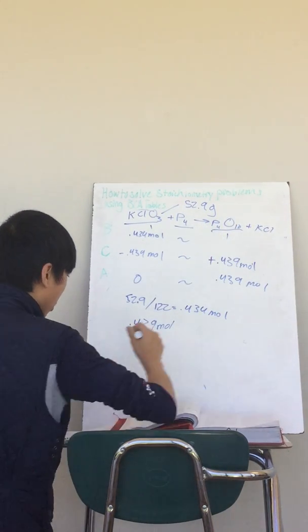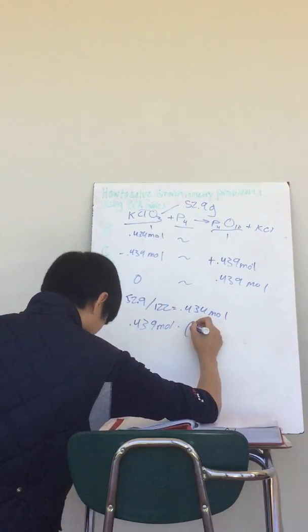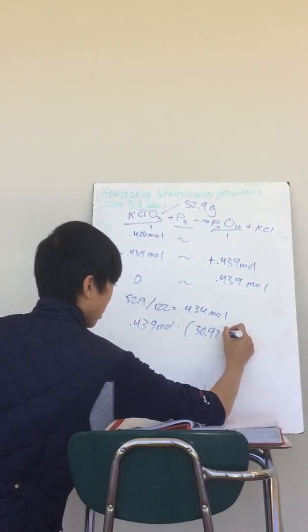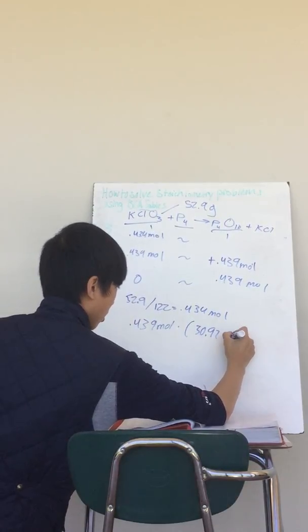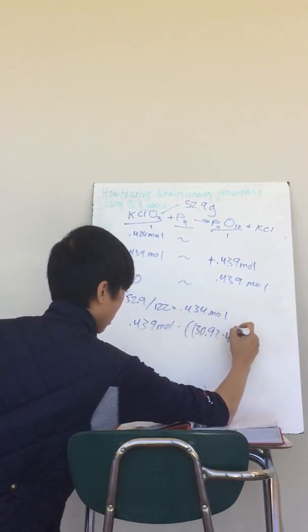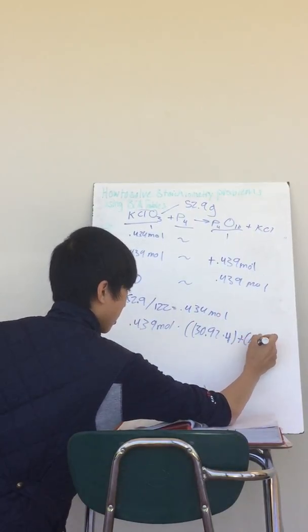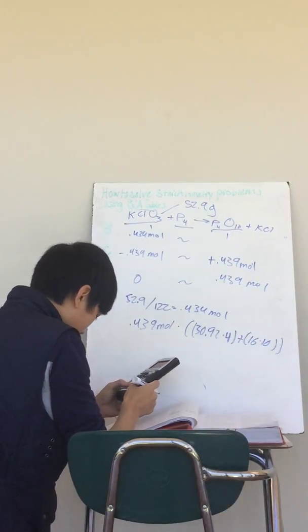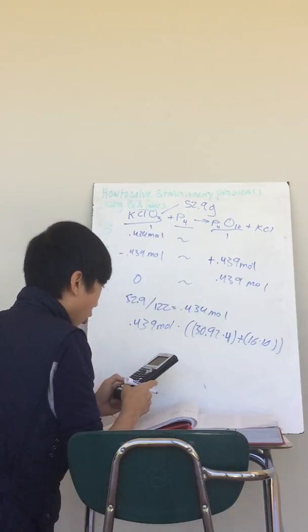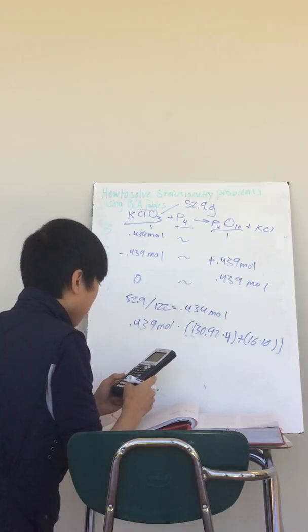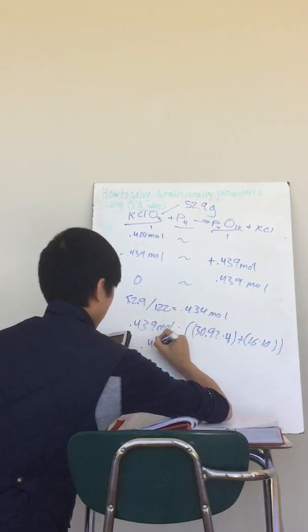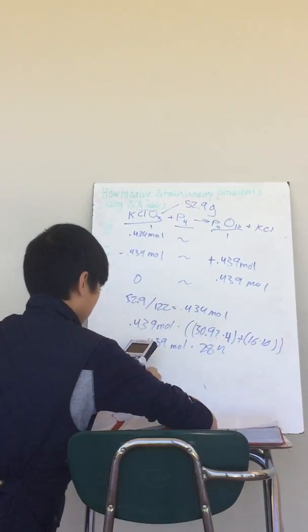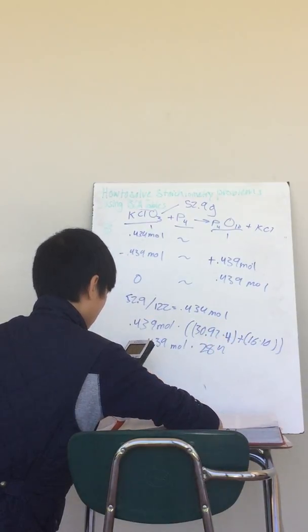P is 30.97 times 4, and oxygen is 16 times 10, which is 160.